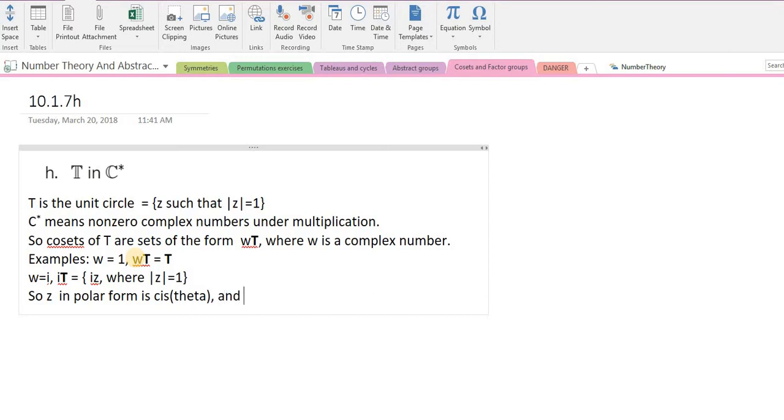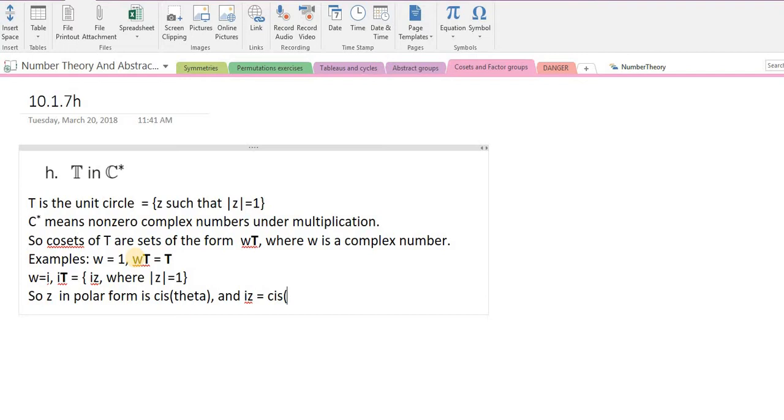And iz is equal to cis of what? Well, what's i in polar form? What's the radius of i? Yeah, the radius is 1.